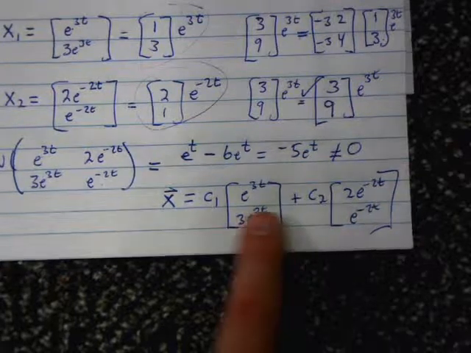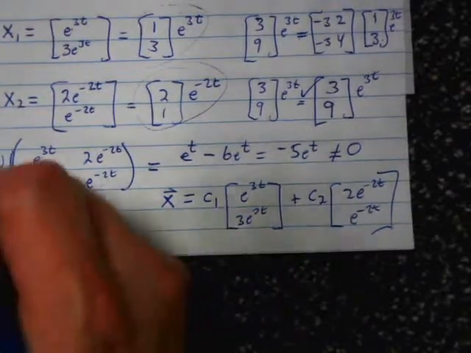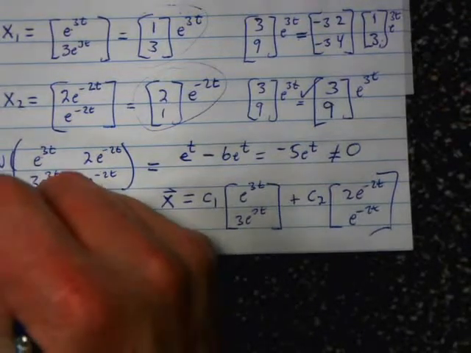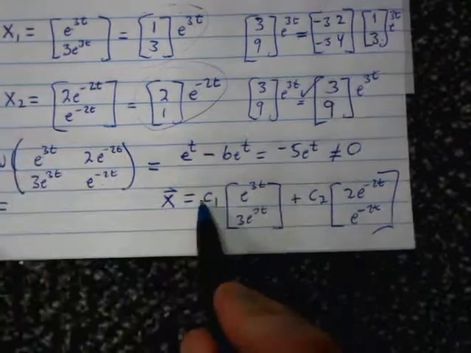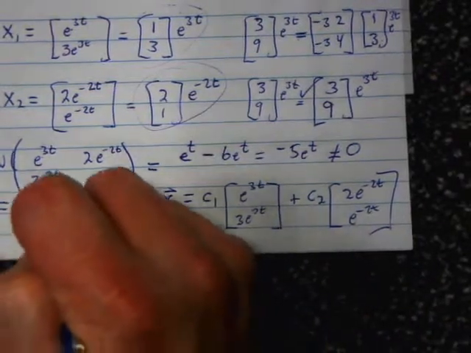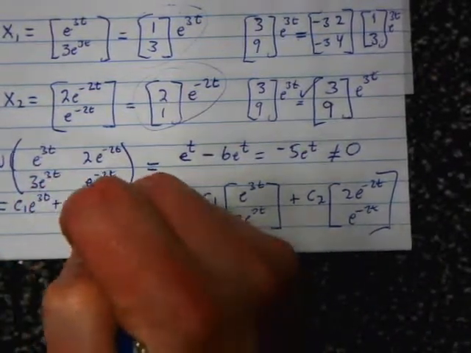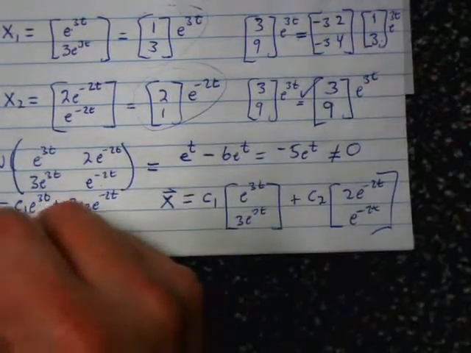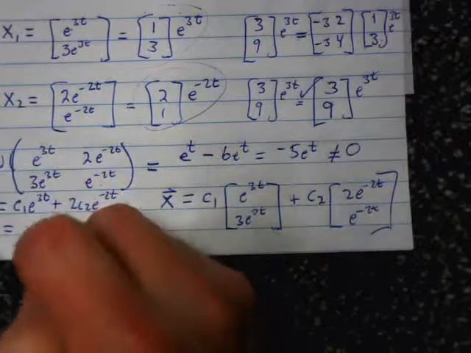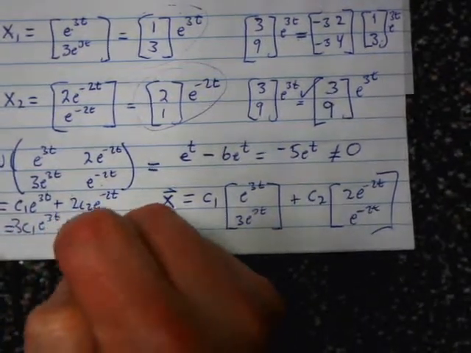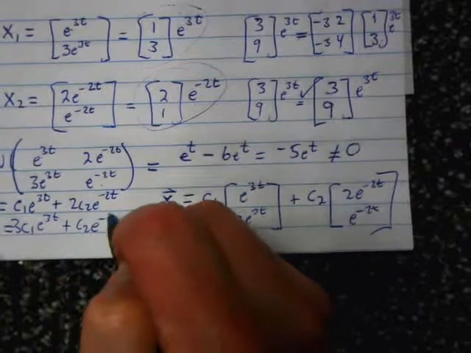So what this really means is I could rewrite this as, normally in section 5.2 we were writing answers this way. I could write x1 as the top row. So x1 is c1 e to the 3t plus 2c2 e to the negative 2t. And x2 is 3c1 e to the 3t plus c2 e to the negative 2t.